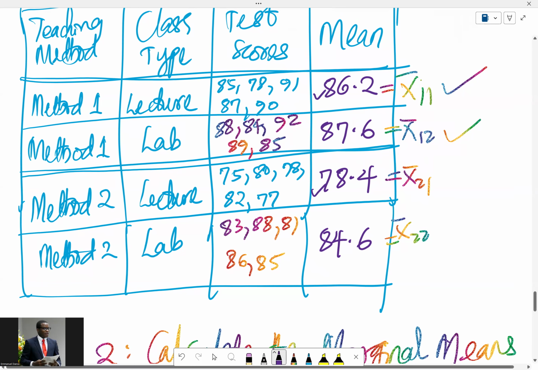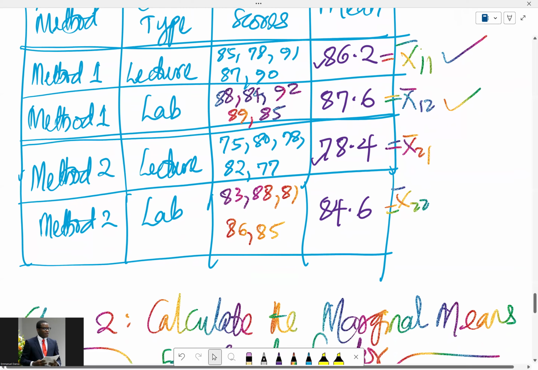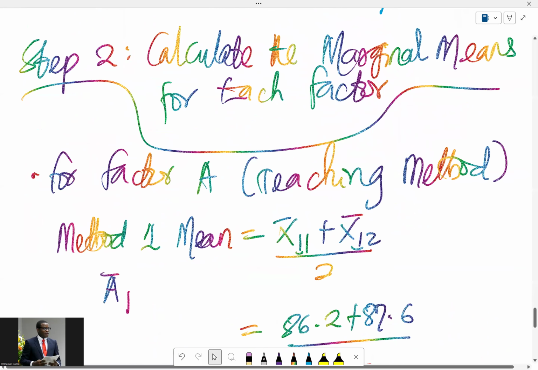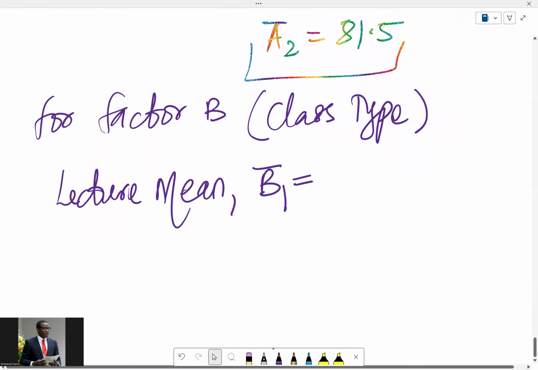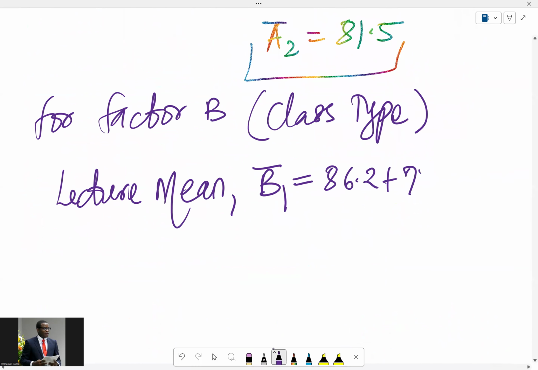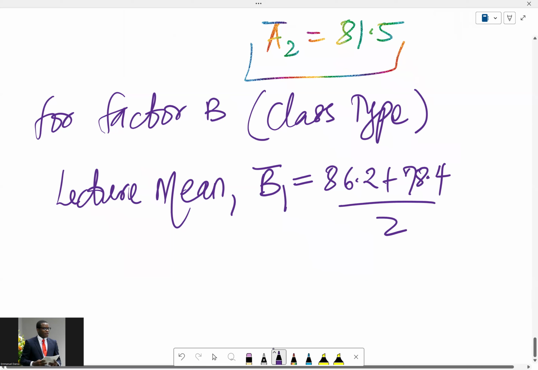That's 86.2 plus 78.4, everything lecture, divided by 2. Or you could just take everything lecture, add all the scores together and divide by 10. It's the same thing you're going to get.